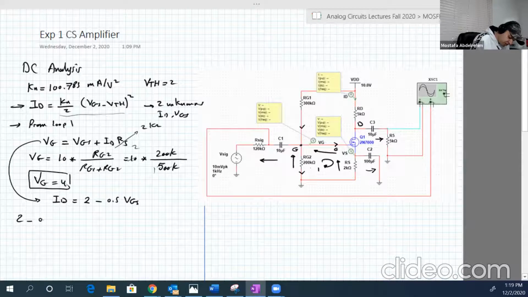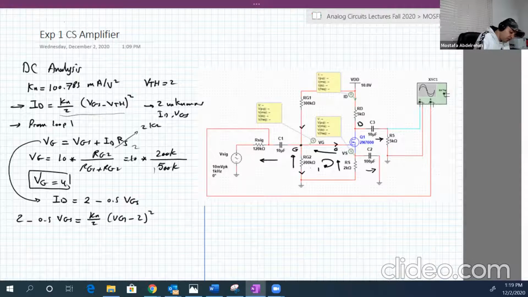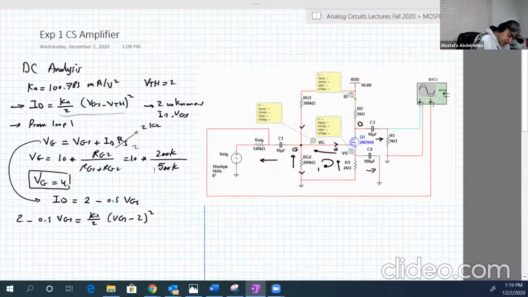So 2 minus half VGS equals Kn over 2 times (VGS minus V threshold) squared. Let's substitute for V threshold because it's known, it's 2. And let's also substitute for Kn, which is also known, it's 100.783 milli.